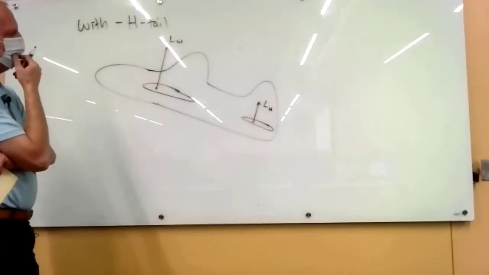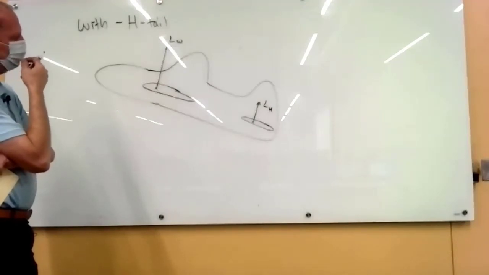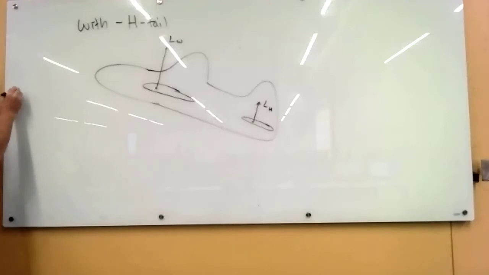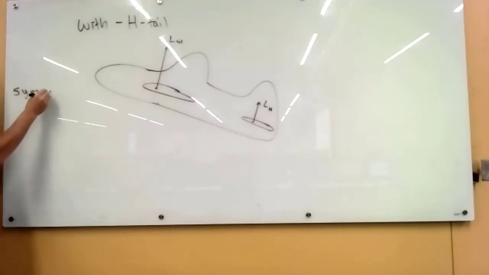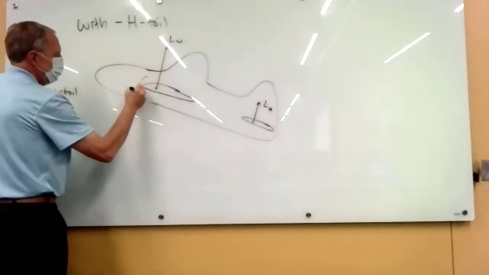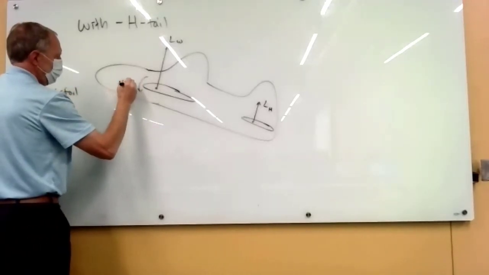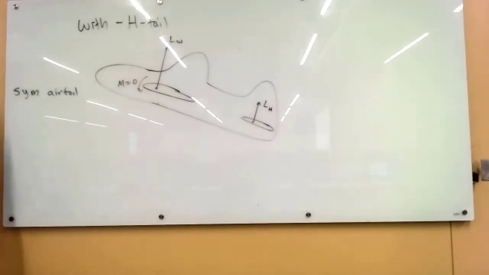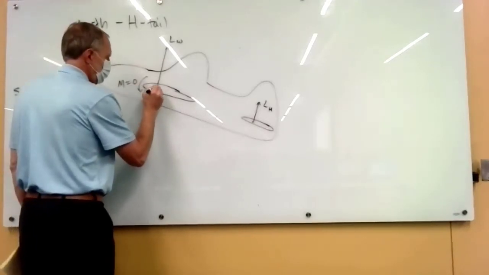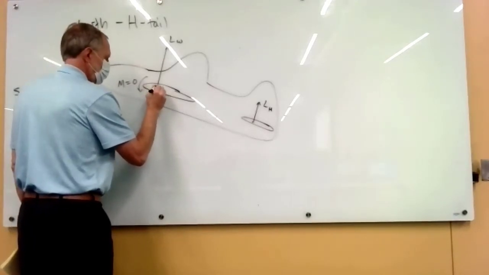And to make this easier, let's use a symmetrical airfoil this time, so that the pitching moment from the airfoil is zero. Remember, a symmetrical airfoil has zero pitching moment. And let's put the CG right here.